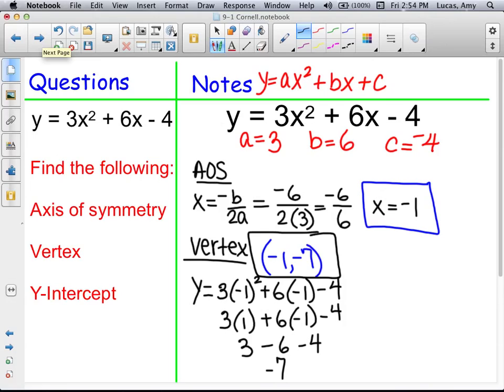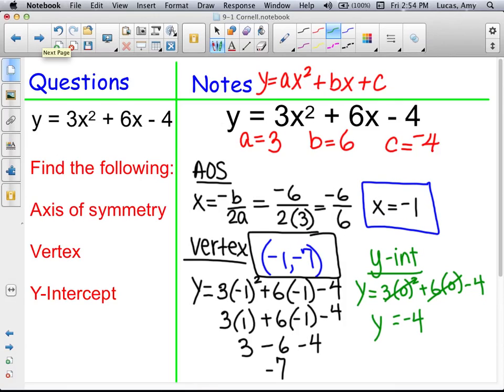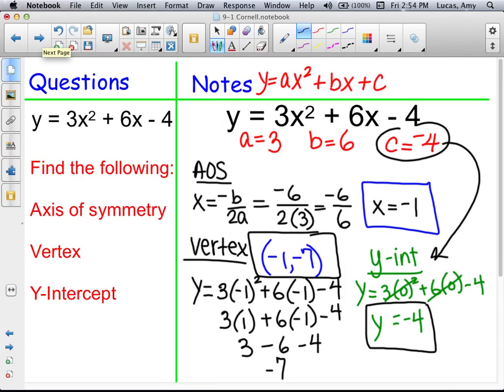And then last but not least, my y-intercept. My y-intercept, you can find 2 ways. You can plug in 0 for x and solve it. Doing this gives you -4, which happens to be C. So you can either remember that C is your y-intercept, or you can plug in 0 and solve for the y-intercept.